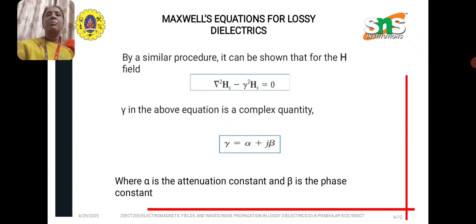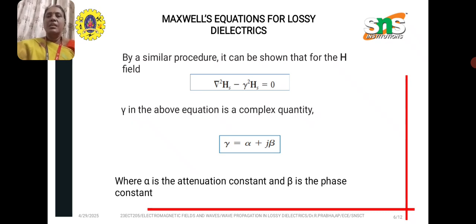Now by a similar procedure we apply this to the magnetic field also. Similar to the electric field equation, the magnetic field equation becomes del squared Hs minus gamma squared Hs is equal to 0. This gamma in the above equation, as I said already, is a complex quantity.